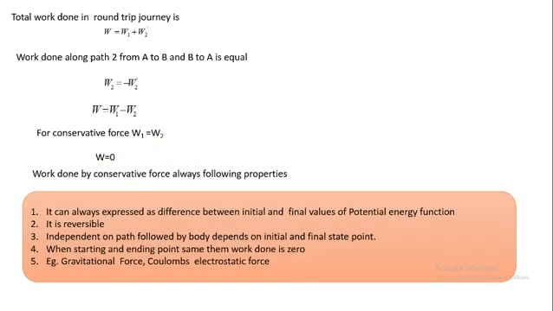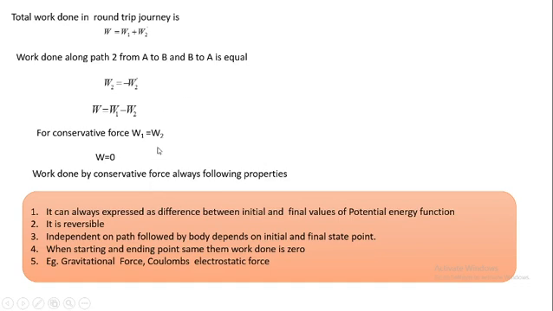Now work done by a conservative force shows some properties, and that property is it can always be expressed as the difference between the initial and final value of the potential energy function. Now this work done is nothing but the potential energy difference between its initial and final state.